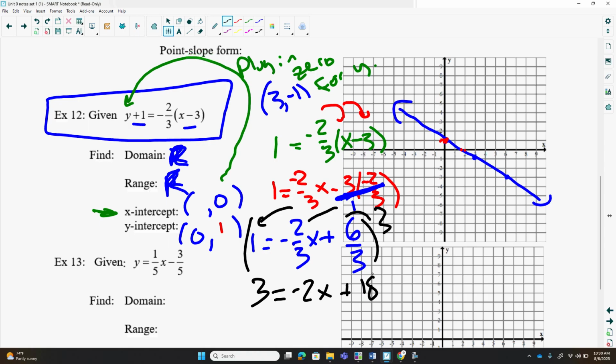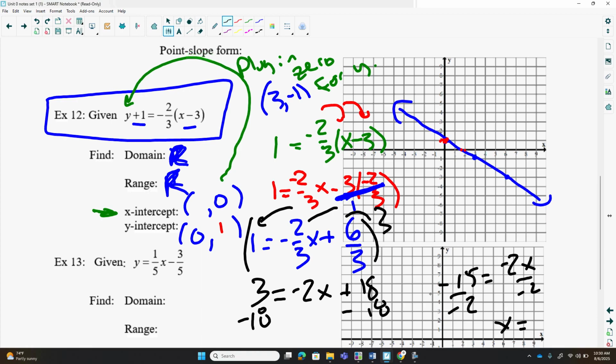I messed my math up somewhere. It looks good. All right. So I'm going to subtract the 18, right? What do I get here? Equals negative 2x. And then what? Divide by negative 2. There's something wrong with this.